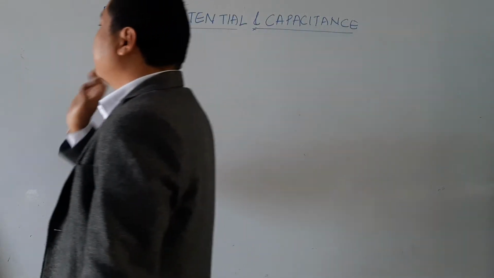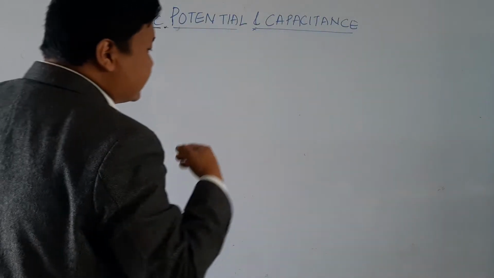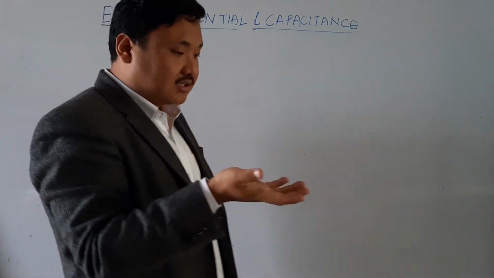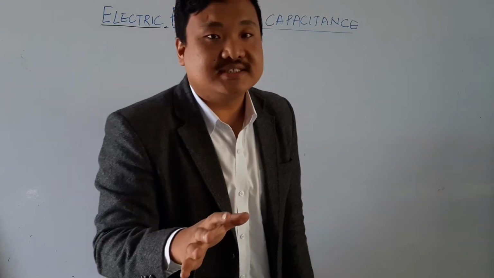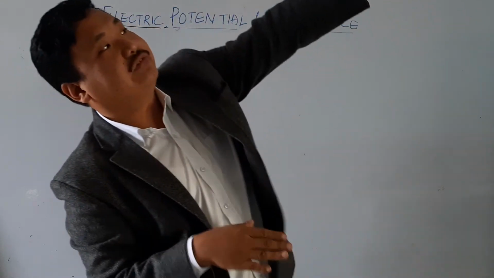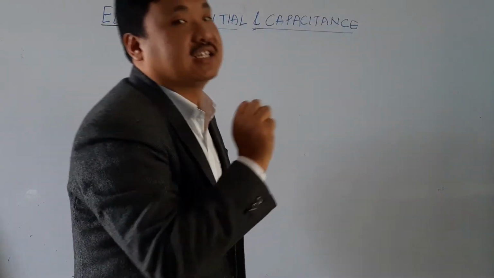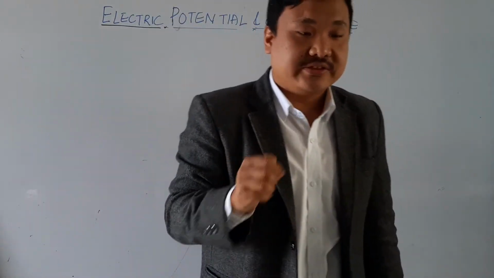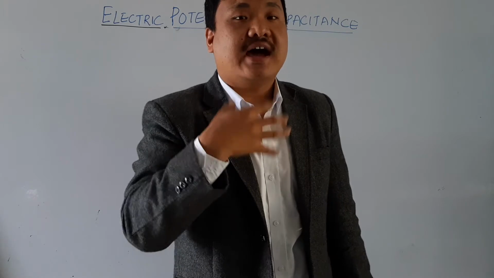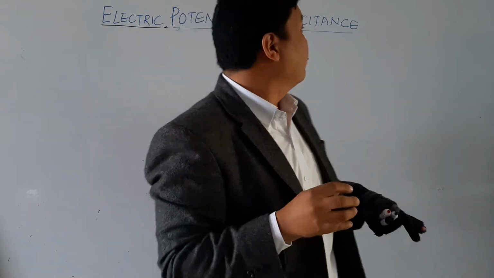Now electric potential is simply the work done in bringing a test positive charge from infinity to that point. Here that point means the point at which I want to bring that.